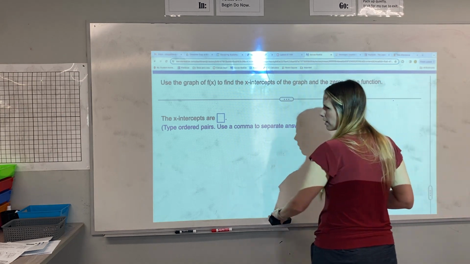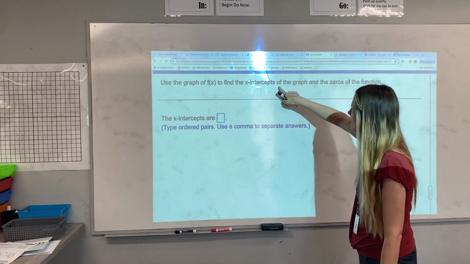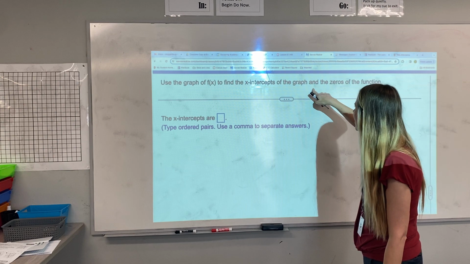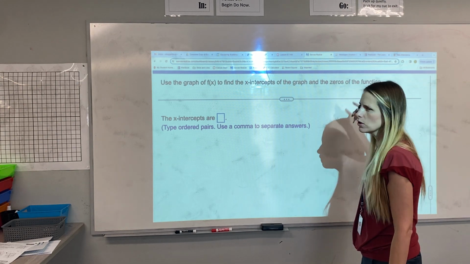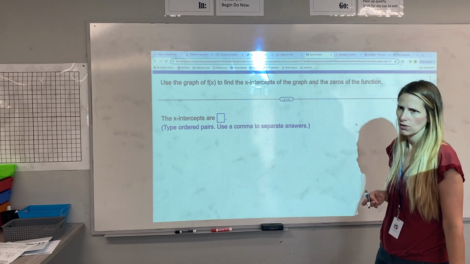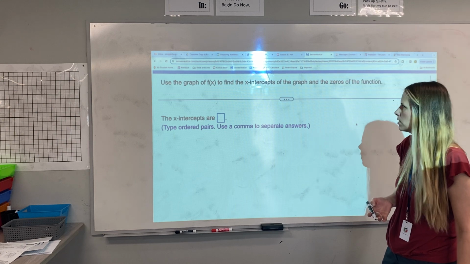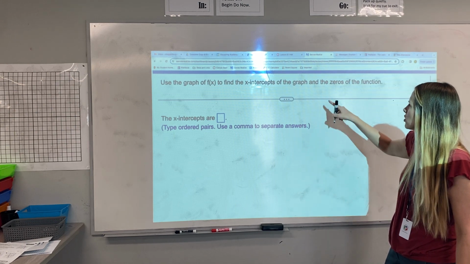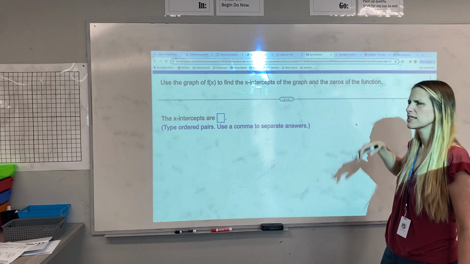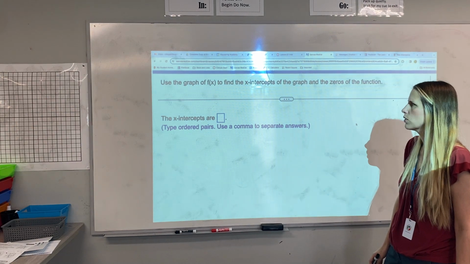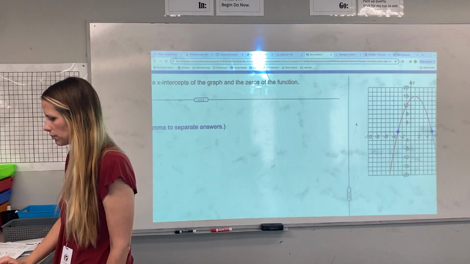It says use the graph, which we'll move over to in a second, to find the x-intercepts of the graph and the zeros of the function. We know how to find x-intercepts and y-intercepts when we look at a graph. But it also is asking for the zeros of the function. Let's pause that one for a second and just focus on the x-intercepts first. Then we'll talk about zeros of the function.